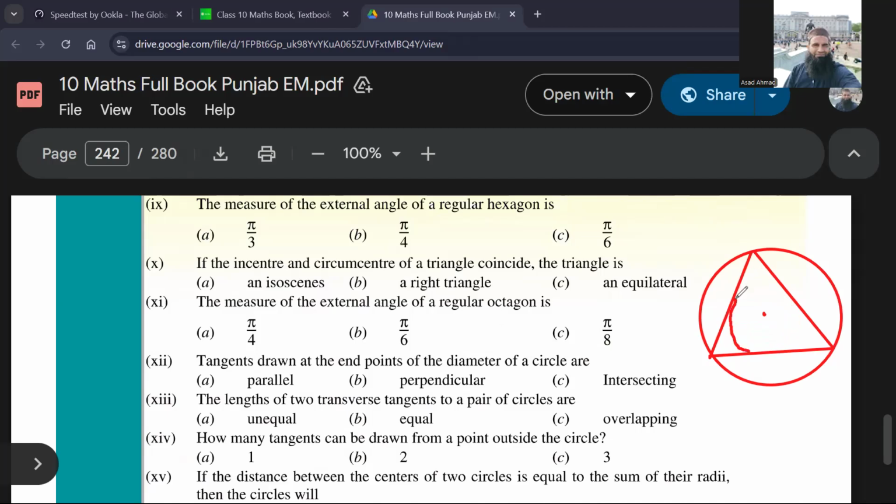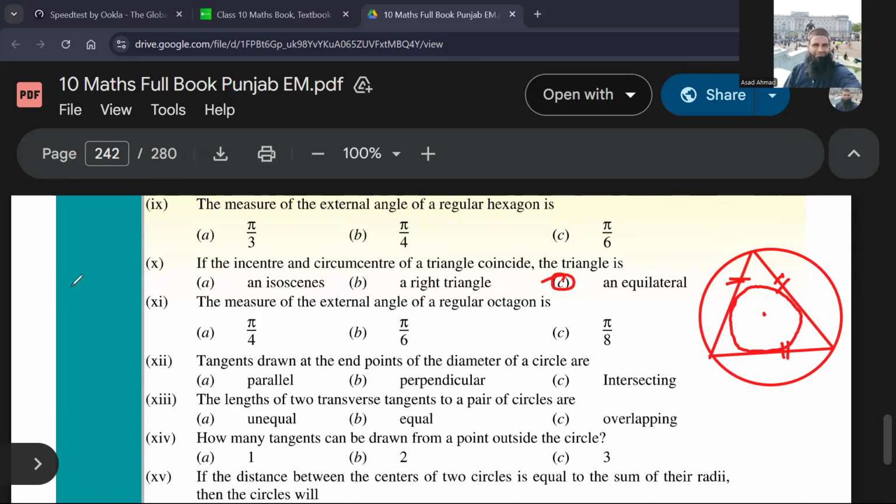If it is a case like this one, it is called the incircle. The center of the incircle is called the incenter. So we've been asked in the question that if the incenter and circumcenter of a triangle coincide, then which type of triangle is there? So you can say it will be an equilateral triangle. The circumcenter and incenter will be the same only when the triangle has all three sides equal. Then this can happen.